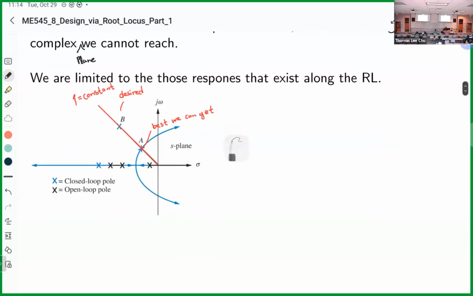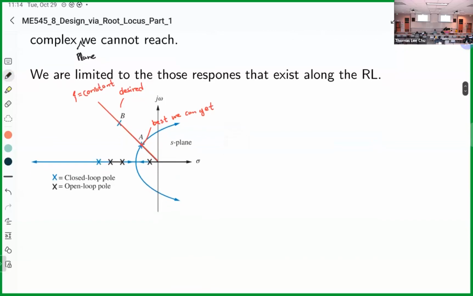One thing I can tell you for sure, just from looking at this pole-zero map, is that B has a faster transient response than A, because we have a more negative pole.